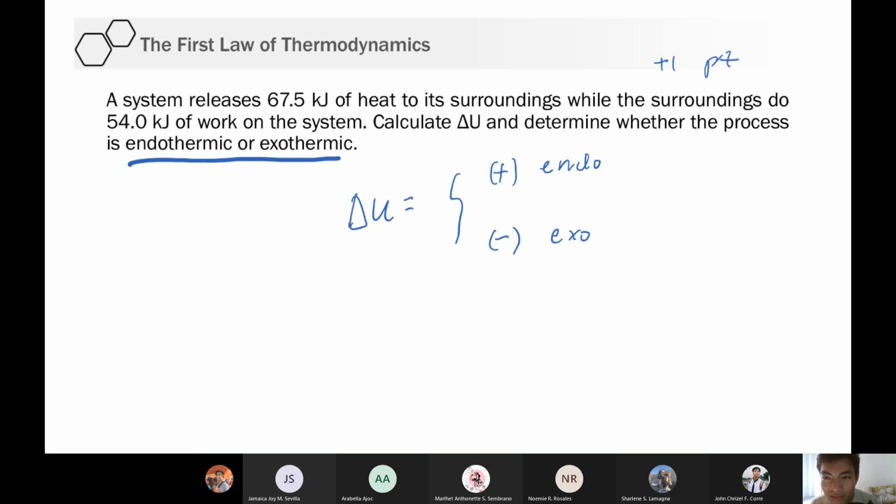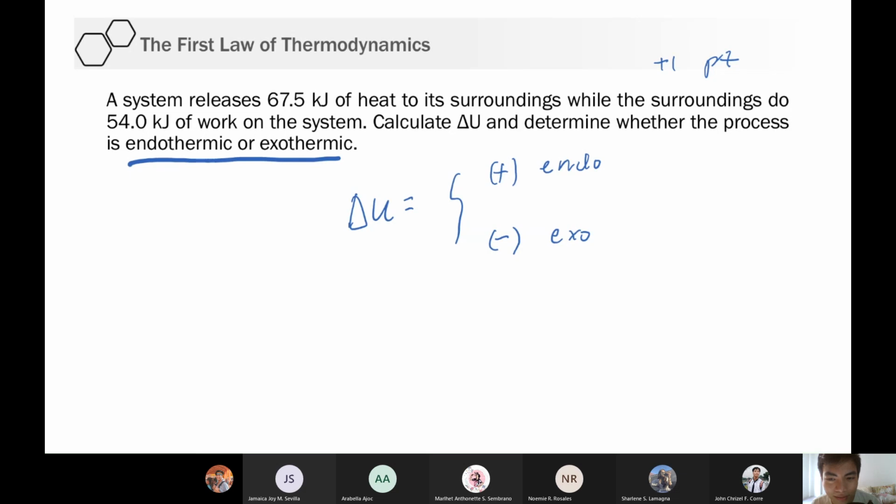Okay, so ilan na yung nagsagot? 1, 2, 3, 4, 5, 6, 7. Sir, wala pong negative yung, okay. Hindi, mali na yun. Joke. Wait lang.